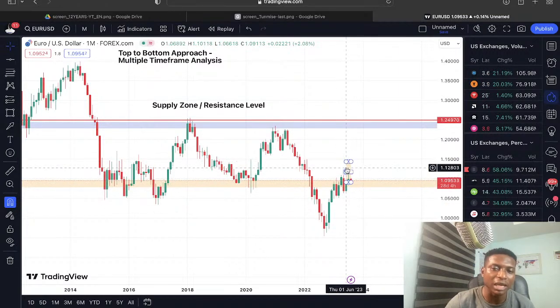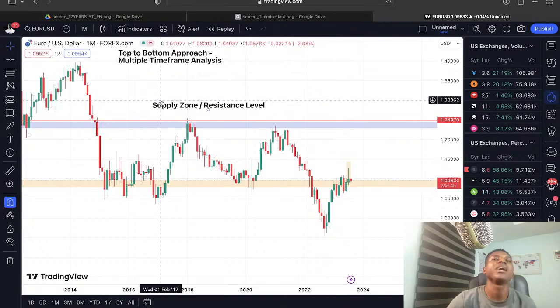What this means is that there is a bearish momentum coming in on Euro USD.